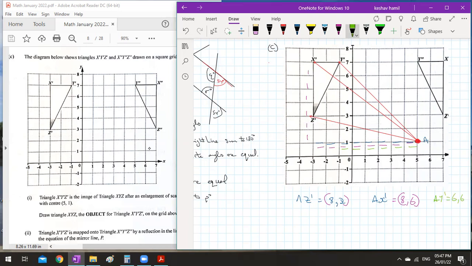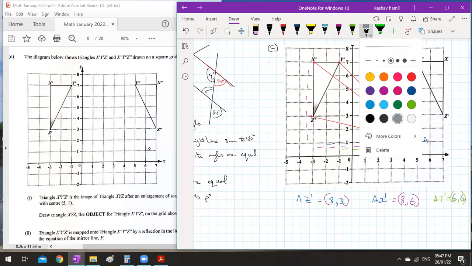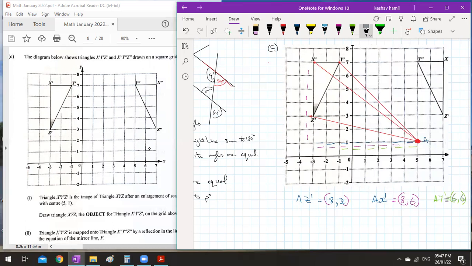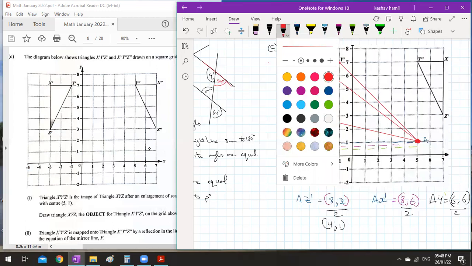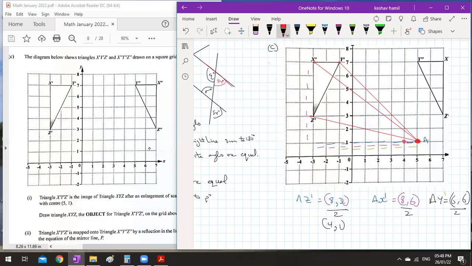Now, why is this important? Let's see if I can get a darker color. It's a Y. Right. So what we're going to do now is divide this by 2. And this will give us the coordinates of Z, X, and Y. So this will be 4, 1. 4, 1 is here.